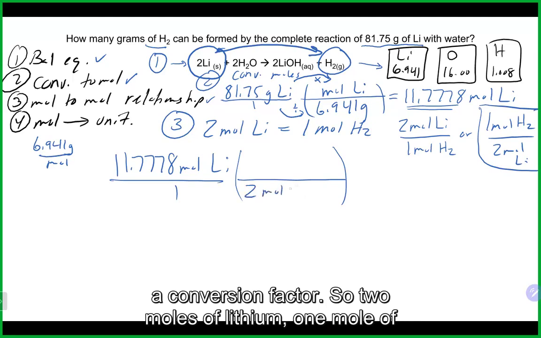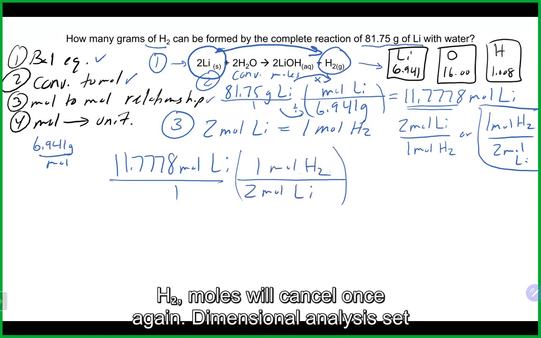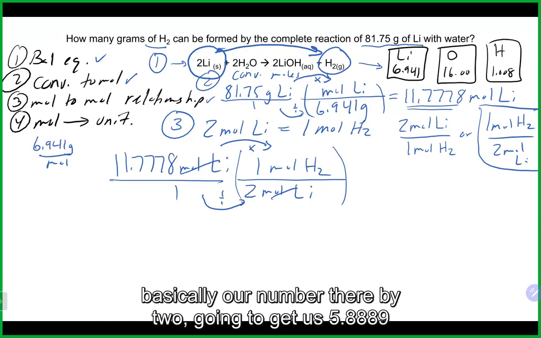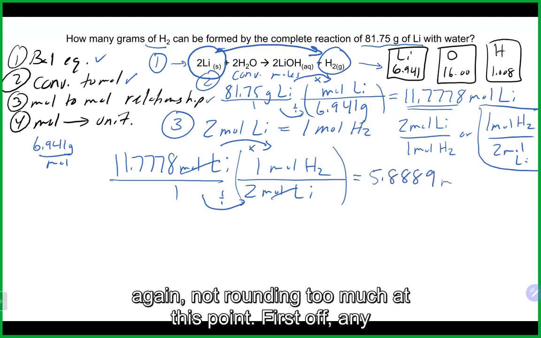So 2 moles of lithium, 1 mole of H2. Moles will cancel. Once again, dimensional analysis setup, multiplying and dividing, right? So we're going to divide our number there by 2, which gets us 5.8889. Again, not rounding too much at this point.